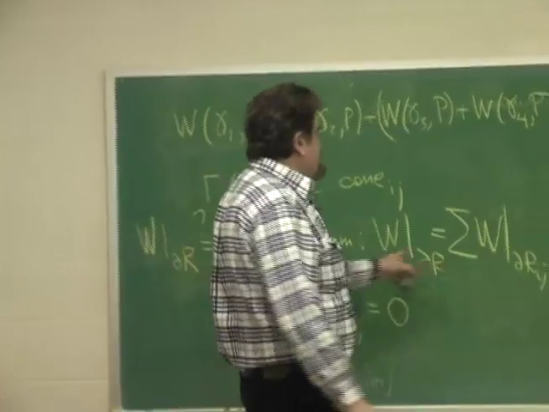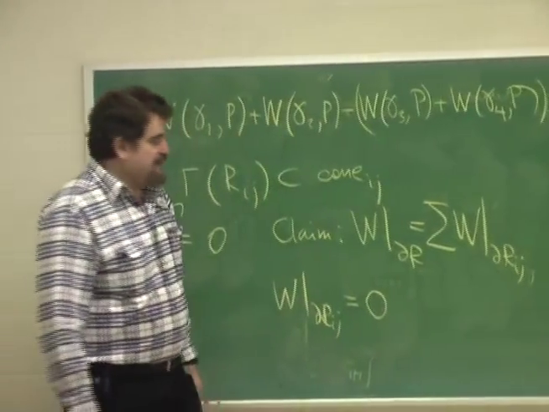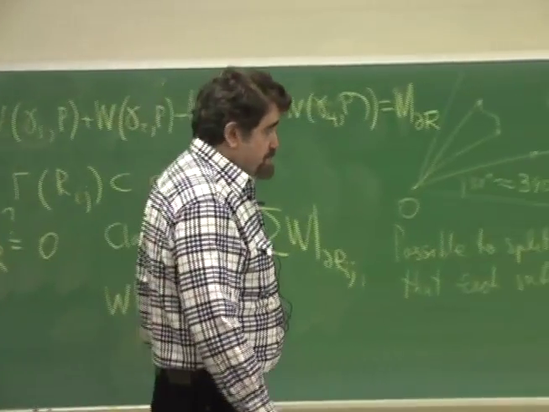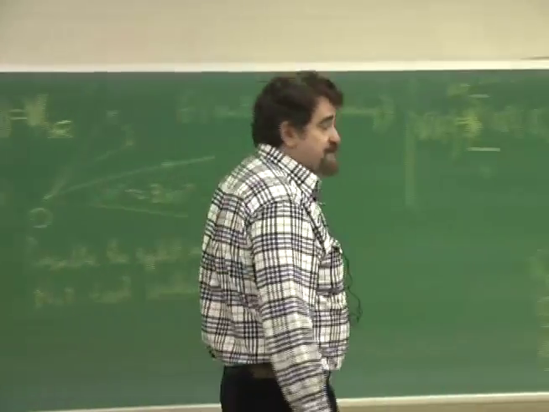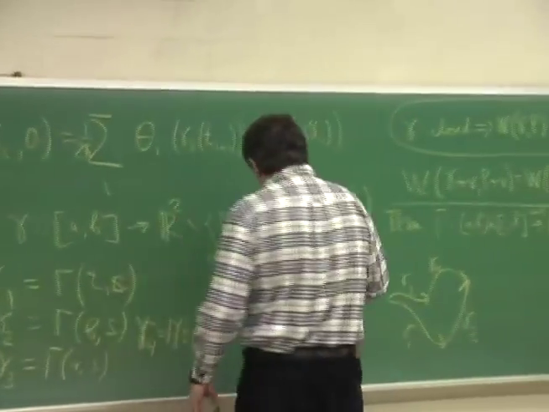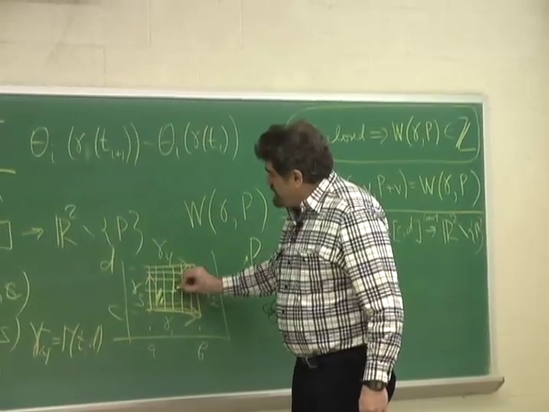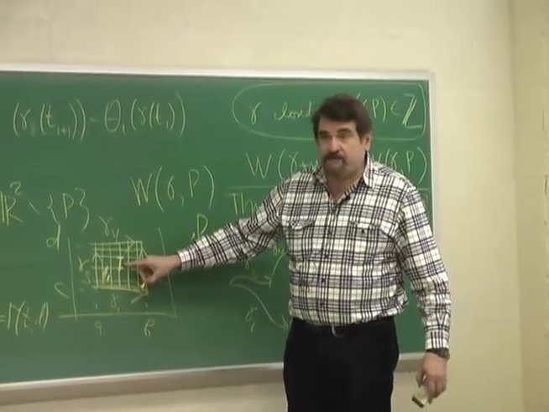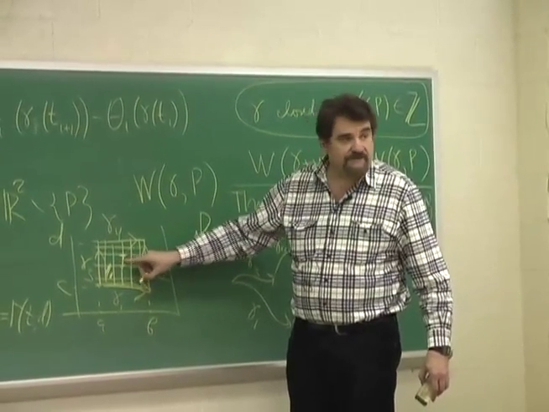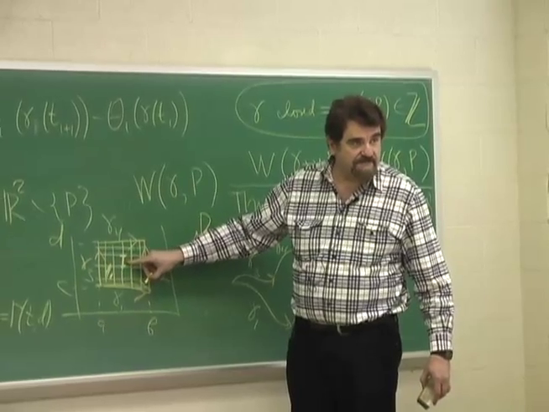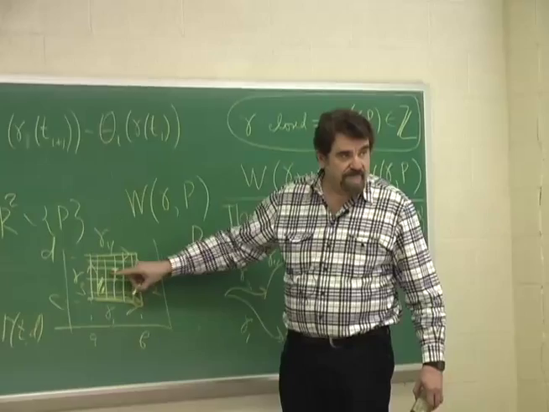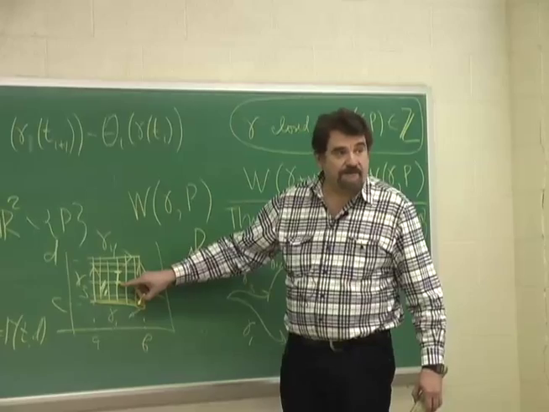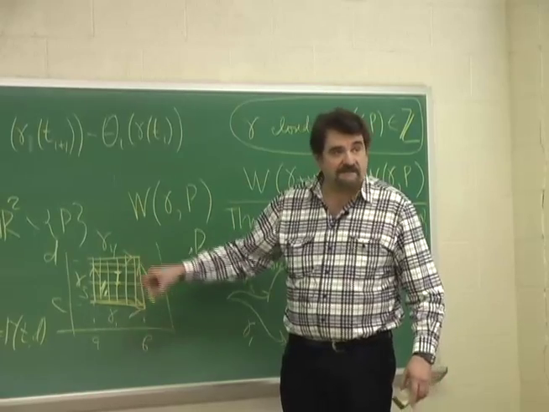Now why this claim is true, that is the heart of the matter. For a very simple reason. Each small curve can be met in two different small rectangles. Correct? And it comes in these two neighboring rectangles in opposite orientations.